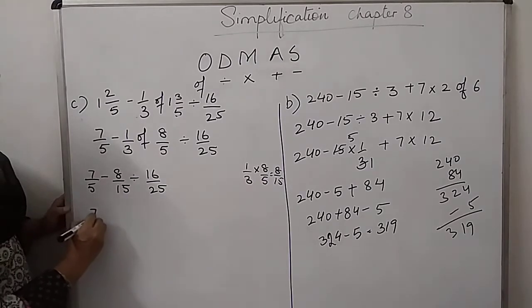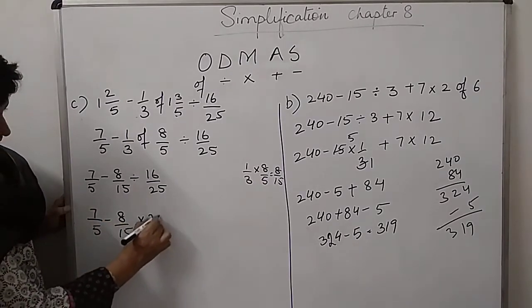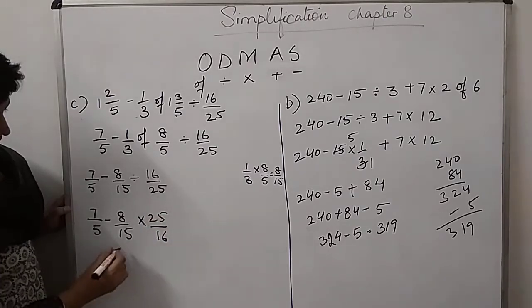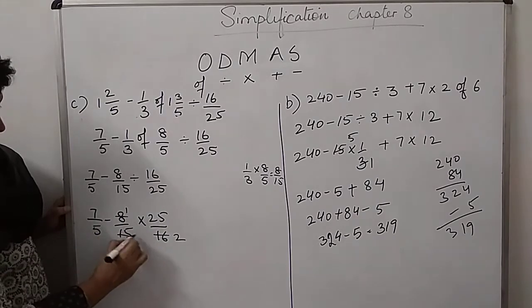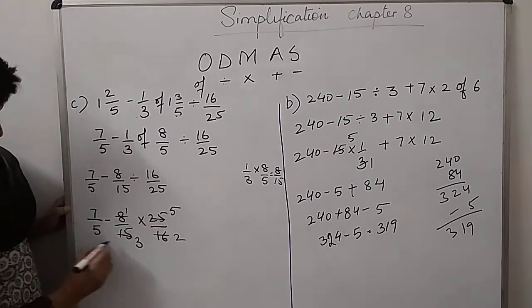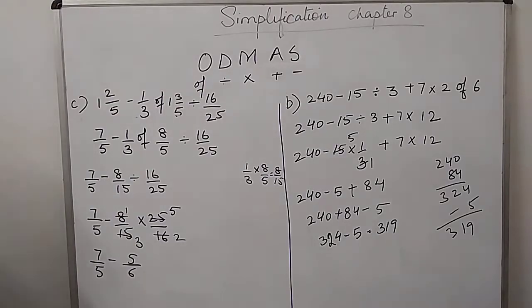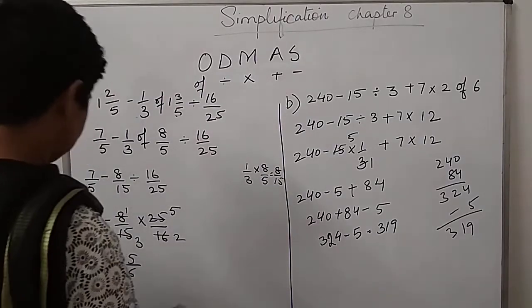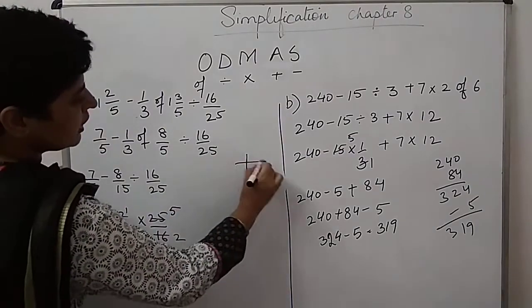Now comes the turn of division. Reciprocal. 8 and 16 come in the table of 8. 15 and 25 come in the table of 5. So 7 by 5 minus 5 by 6. Further, we need to take the LCM. LCM will be 30 since there is no common factor. Still, if you want, you can calculate it.